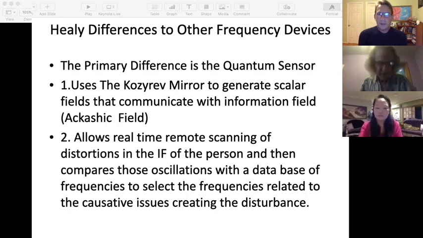It's going to be a major growth area for our industries and healthcare. So it helps to understand what the differences are between different devices, and it just basically comes back to that with the Healy and the Timewaver technology, the primary difference is what we call the quantum sensor.